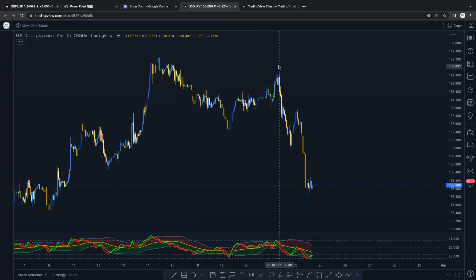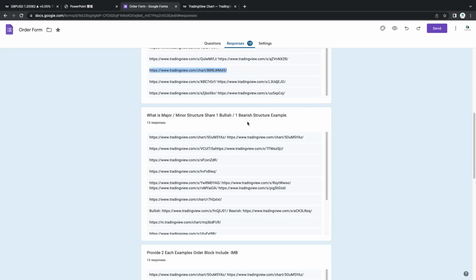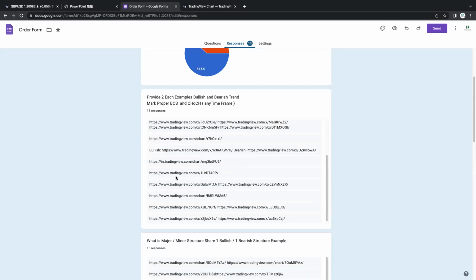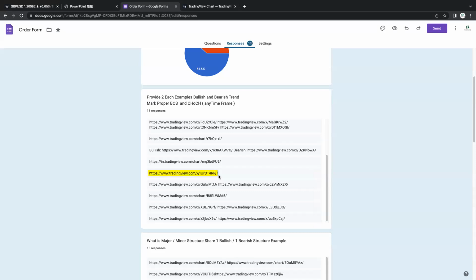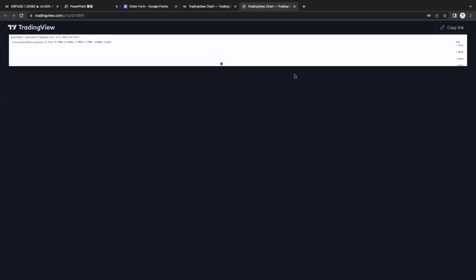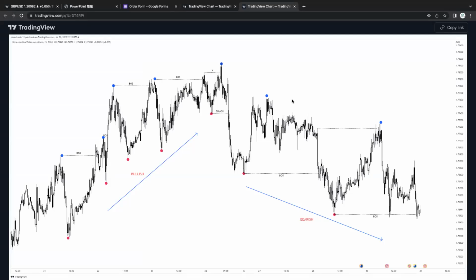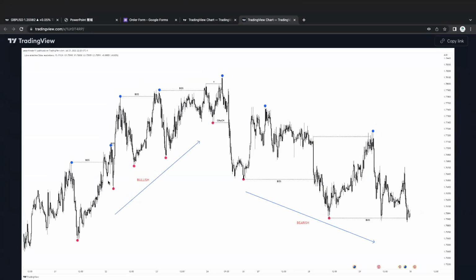I think this chart is not. So this one is a BOS, confirmed here, which is absolutely correct, as we can see.